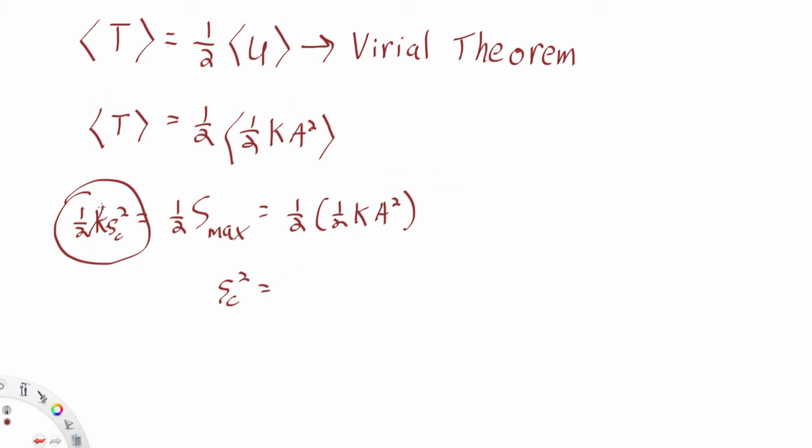So I'm going to cancel out the k and one of these halves here. So you have half the potential energy when you're a factor of square root of 2 away from the maximum distance.